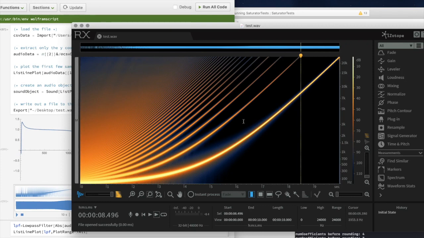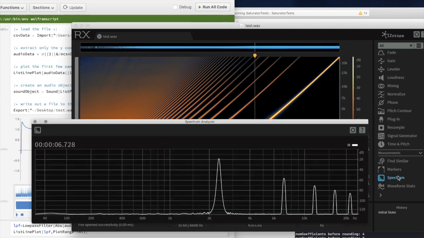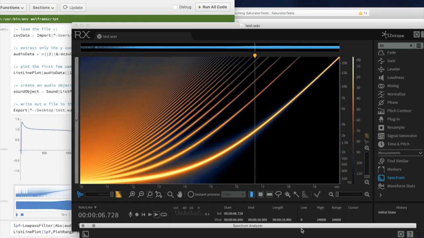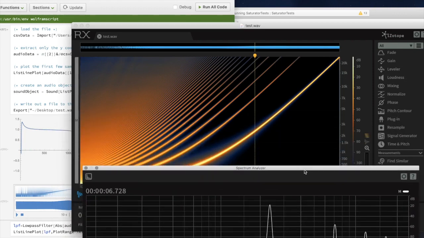If we look at the spectrum, I'm not sure if this is noise or if this is a problem with the way the spectrum is computed, but it's down at like negative 130, 140 dB, which is right down at the bottom of the noise floor.